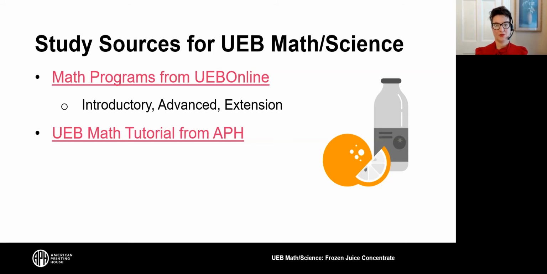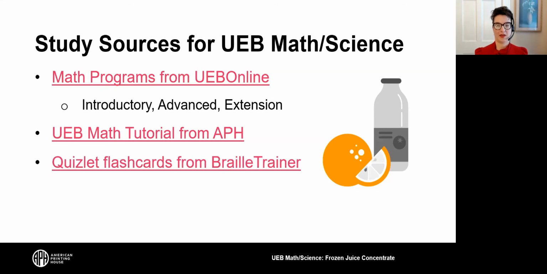It's also organized into lessons. This program doesn't make you log in, so it doesn't keep track of what lesson you're on. Any lesson is available to you at any time, which can be cool if you want to just study a specific concept with some of the individual expression practices and proofreading practices that are part of the UEB math tutorial.